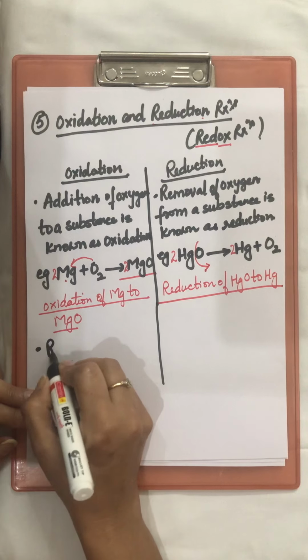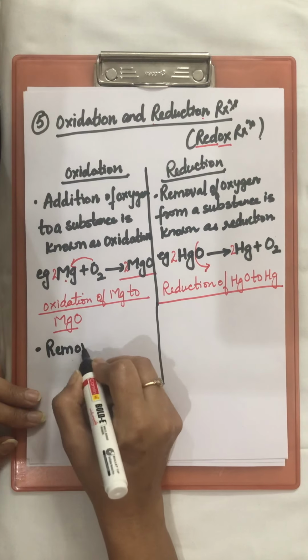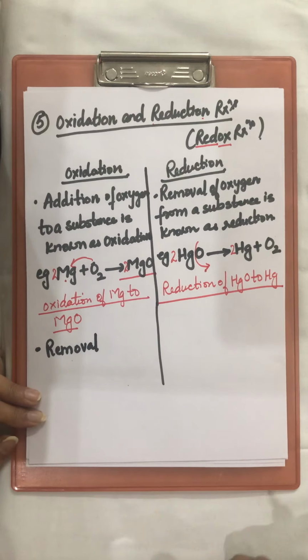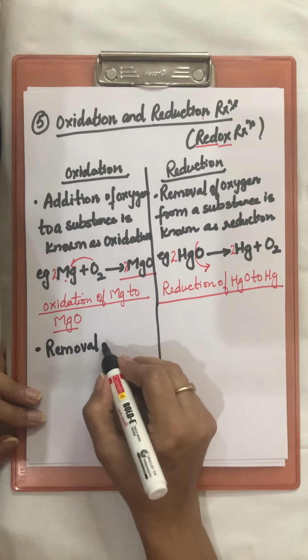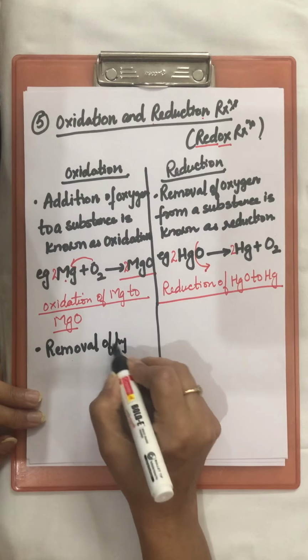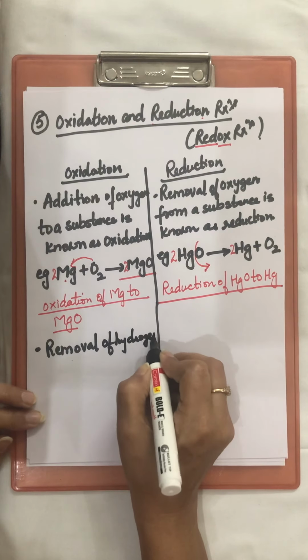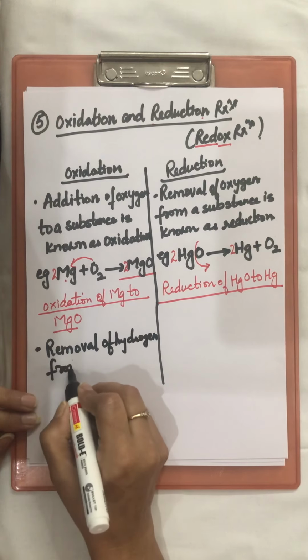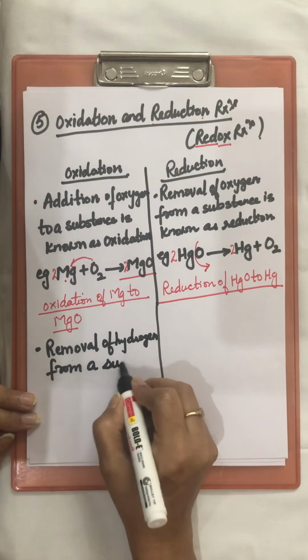But we can have the definitions on the basis of addition and removal of hydrogen also. So oxidation is also removal of hydrogen from a substance.